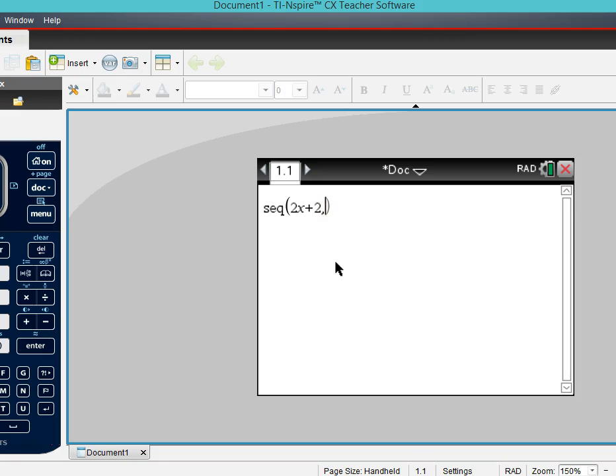Then it's going to ask me for the variable, which is x in this case, the starting place, and then how many terms I want to go to, let's say the 5th term in that sequence. And it's automatically going to count our x value in ones. So I want to count by the first position, second position, not the 1.5 position, so we don't have to worry about that. So this gives me my sequence starting with 4. That was the arithmetic sequence we just saw.